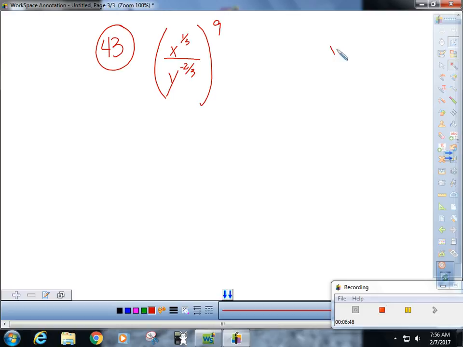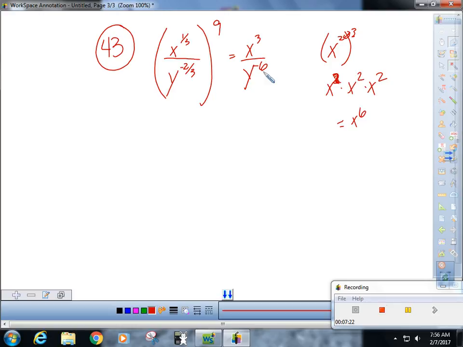And where does that come from? What is x squared cubed? Well, that's x squared times x squared times x squared, right? That's a 2. And that's x to the 6th. So notice that we could just multiply those two. So you get 9 times a third is 3 on the top. 9 times a negative 2/3 is, let's see, a negative 6.